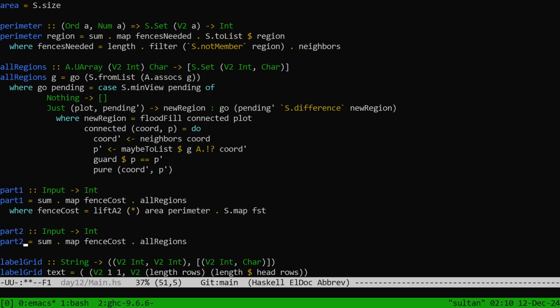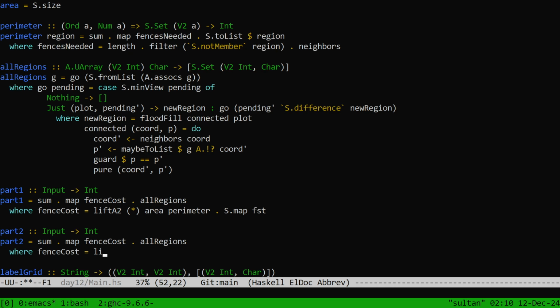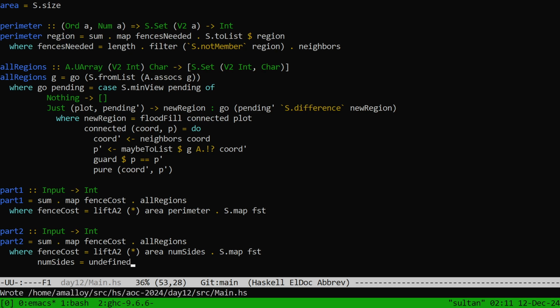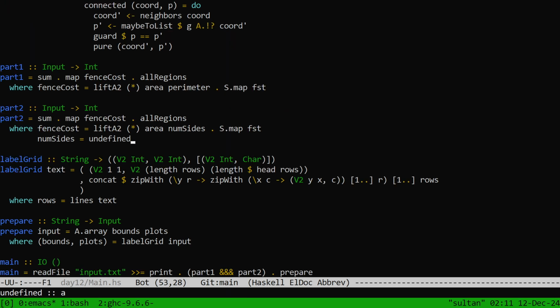I guess it's fine. Where fence cost is lift A2 times area and num sides. So this compiles, but of course we haven't defined num sides yet.